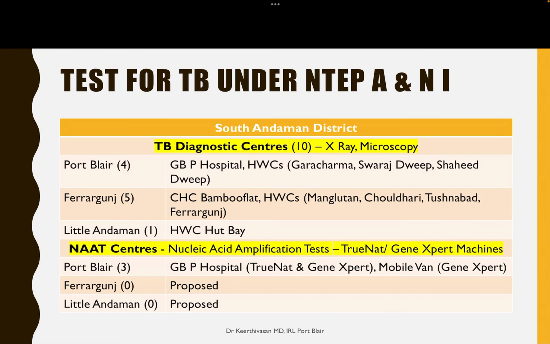So first things first, we have these centers called TB diagnostic centers. In all our peripheral health facilities, most places have the facilities of X-ray and microscopy. When a patient who has symptoms of TB presents to a clinician, the clinician does a symptomatic screening or a clinical screening. There we see whether the patient has some characteristic symptoms of TB.